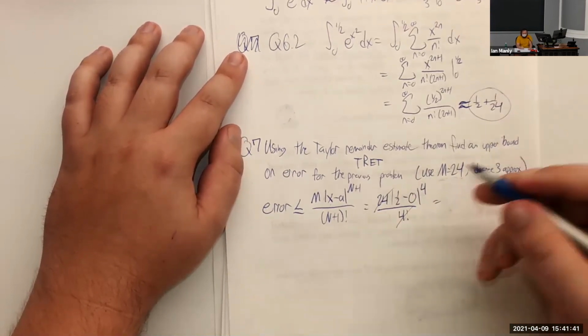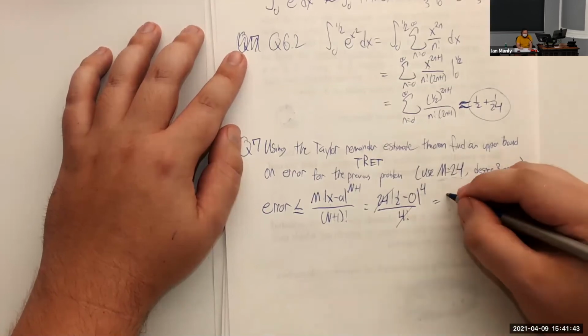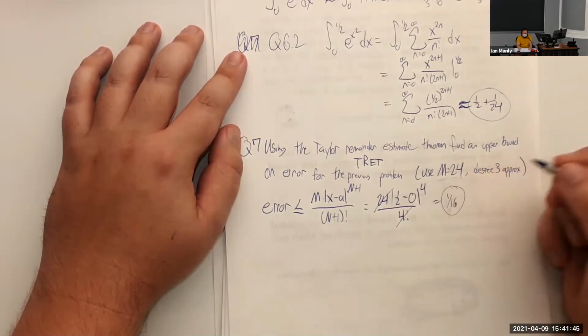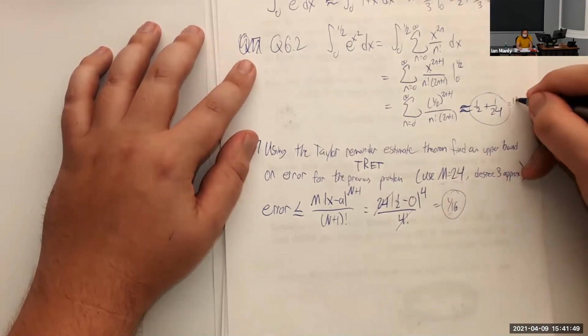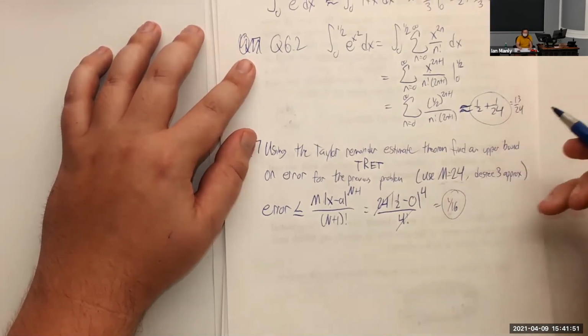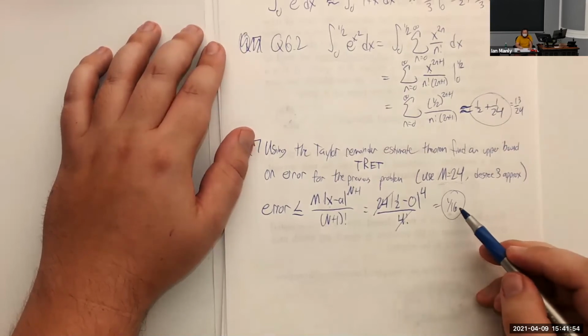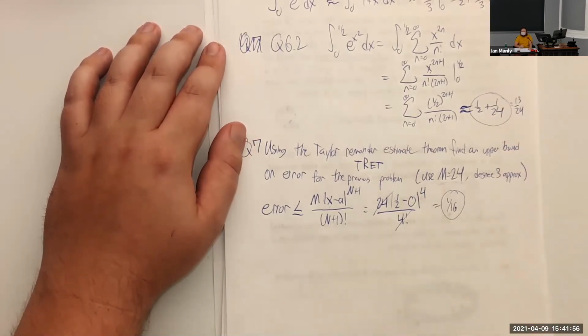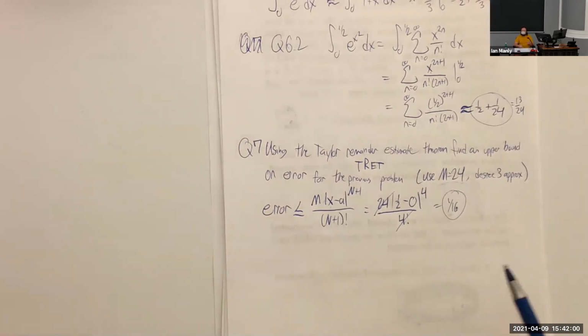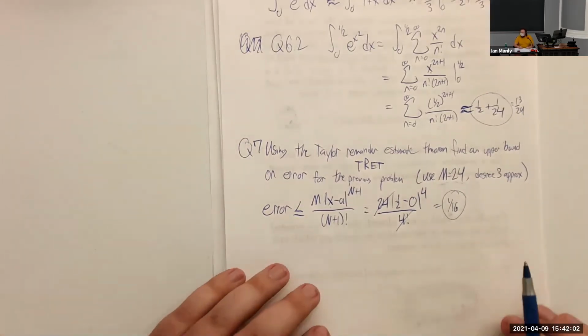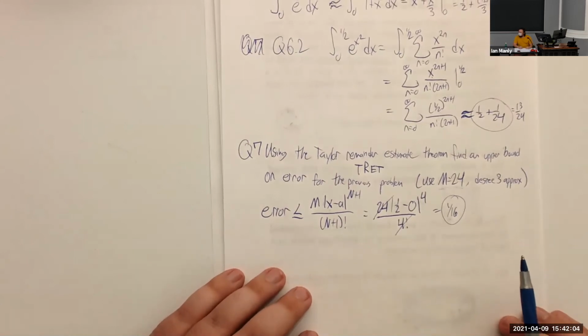So those will cancel out. And then 1/2 to the 4th is 1/16. So this 1/2 plus 1/24 estimate, which is 13/24, is no more than 1/16 away from the true value of that integral. It's not as impressive as the 1/160 we got from the previous problem, but it's something. So we're not totally inaccurate here.